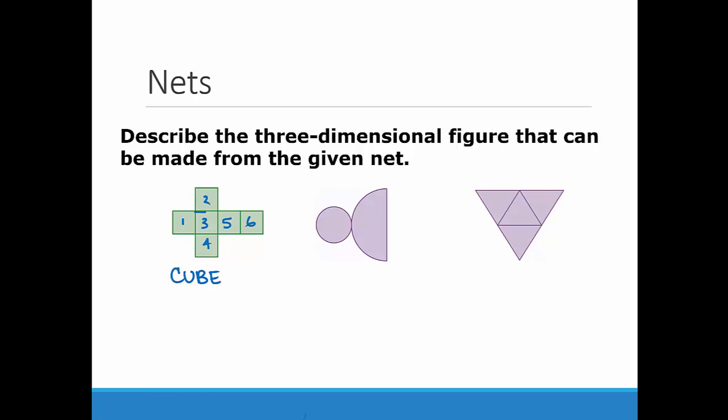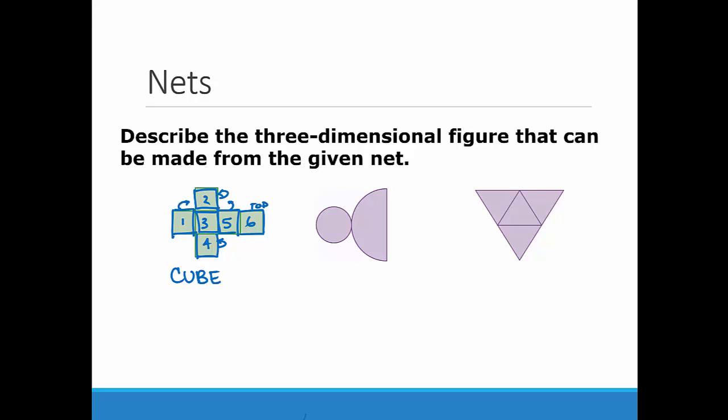And the way you can think about this is if this lays flat and these two come up, they would make the sides. This one would come up and make the other side. This would make the third side, and this would make the top. So I can tell this by looking at the net because all of these are squares. They're all exactly the same. And because there's 6 of them, I know that it has to be something that has a square base and it has 6 faces, and that's a cube.